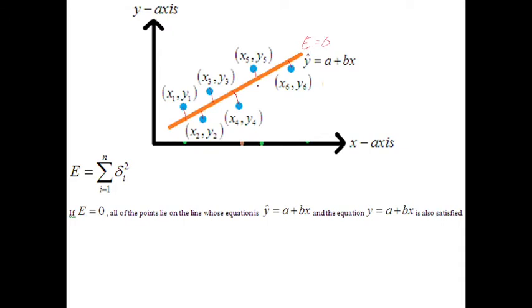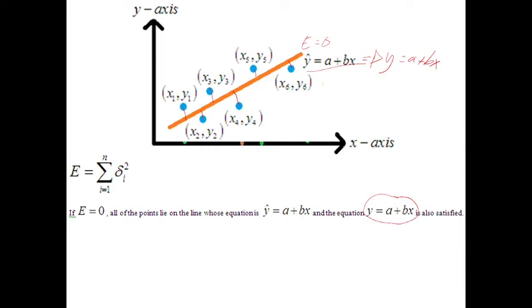Perfect, di ba? All of the points lie on the line, and yan din yung y equals a plus bx.